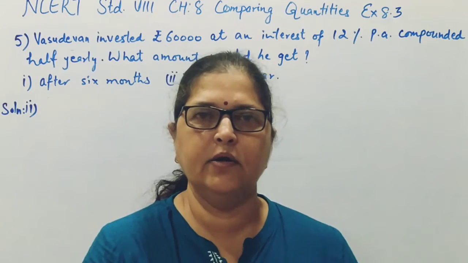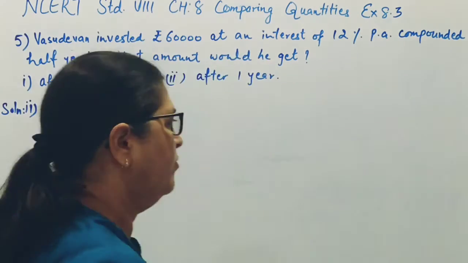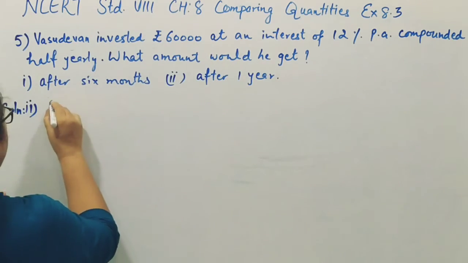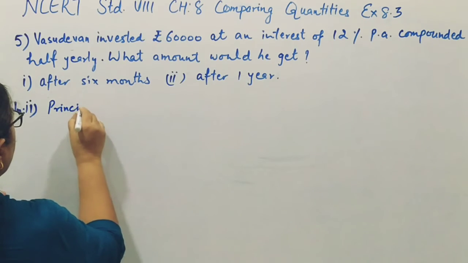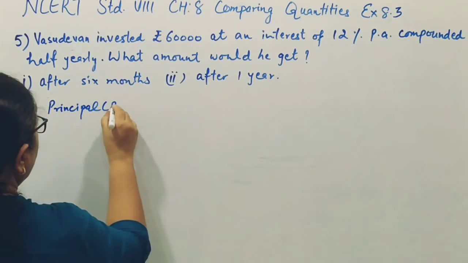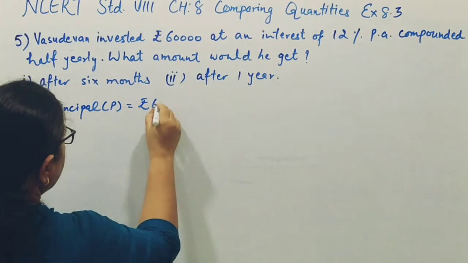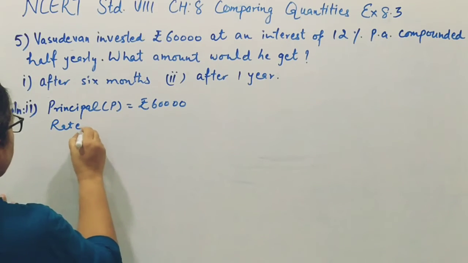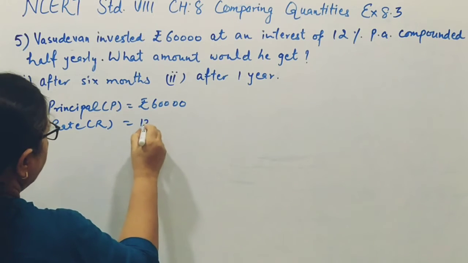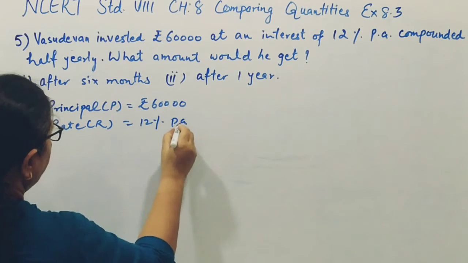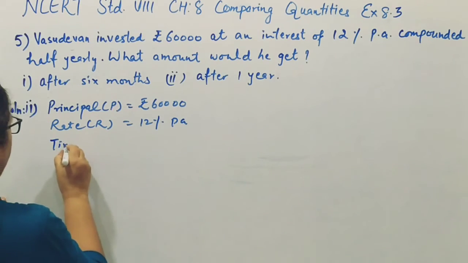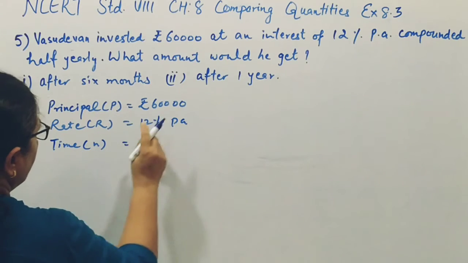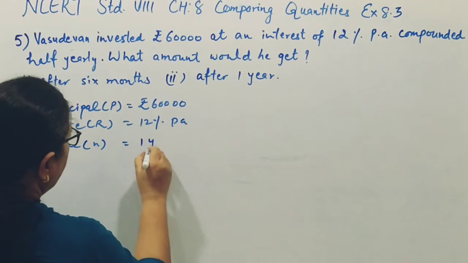Next, second part of question number 5. Let us start. Principal, rupees 60,000. Rate, 12% per annum. Time, 1 year.